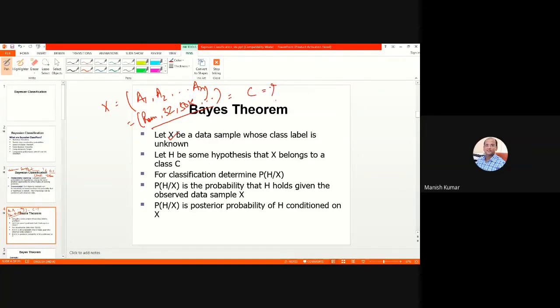Now H is some hypothesis that X belongs to a class C. Since in classification the labels are known, suppose you have Ci, where i equals 1 to M, so there are M classes you look for. H talks about X belonging to a class C, so the unknown sample X belongs to, say, Cj.